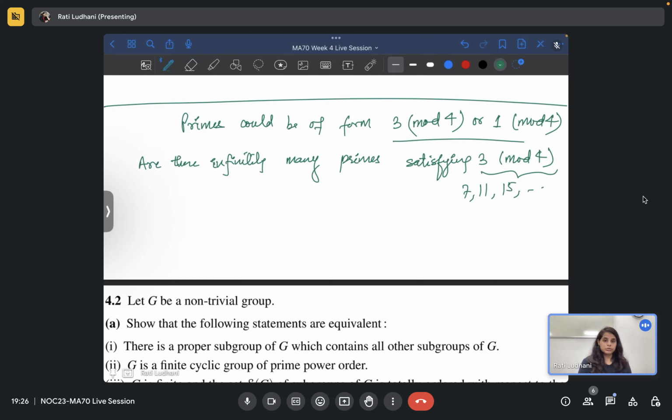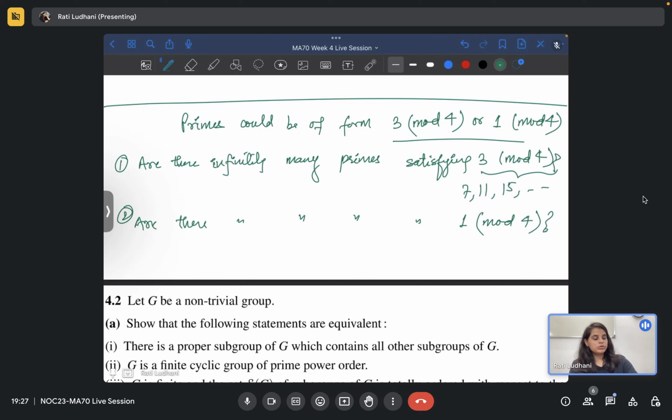And next question: are there infinitely many primes satisfying 1 modulo 4? These are two questions you can think about.